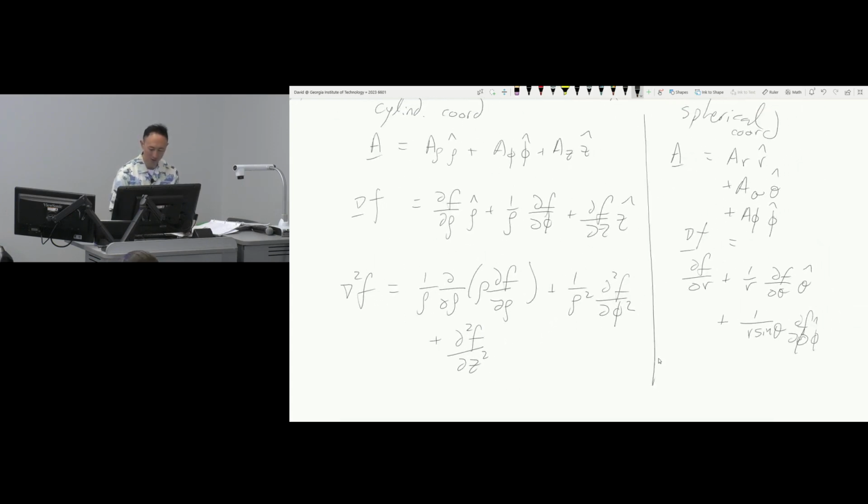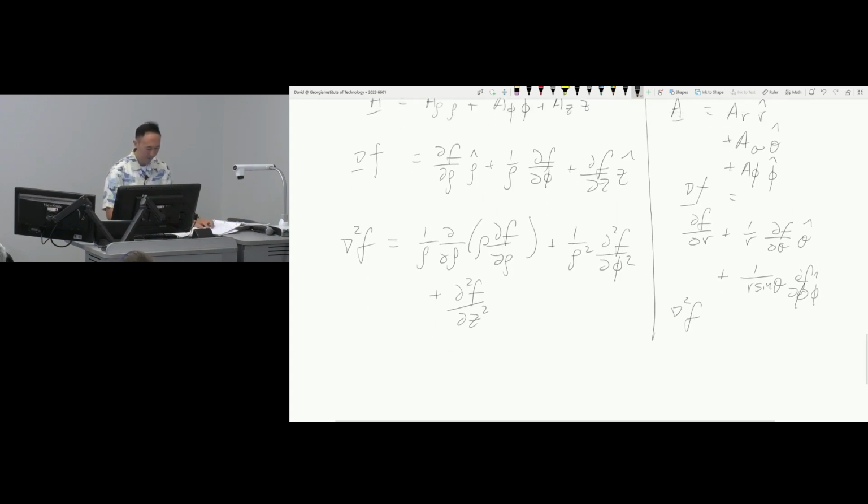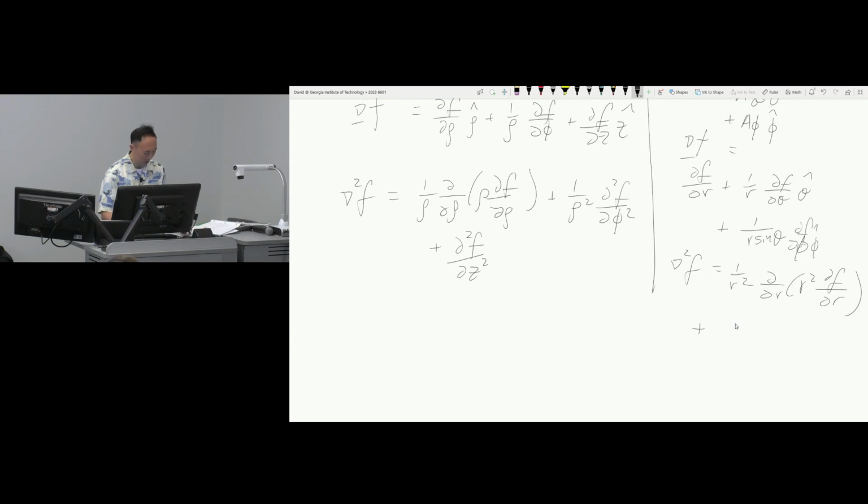Let's make a little column here. And for spherical, this is what we did in class. We had this 1 over r squared d by dr of r squared df dr. And we basically ignored these other terms because we said it's like an infinite fluid and stuff shouldn't be varying in those directions.